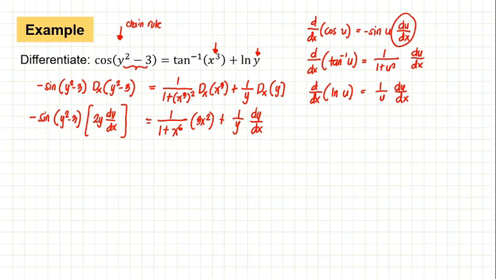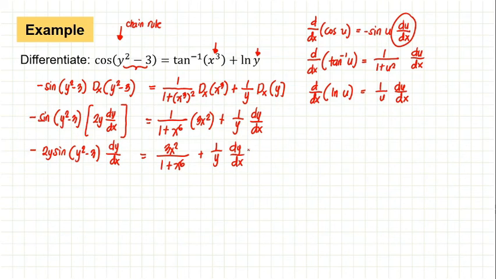So we will multiply 2y to negative sine, and that will become negative 2y sine of y squared minus 3. So, ipagtatabi nyo lang sila. Then we have dy over dx. Then this is equal to 3x squared over 1 plus x to the power of 6. Then we have 1 over y dy over dx.